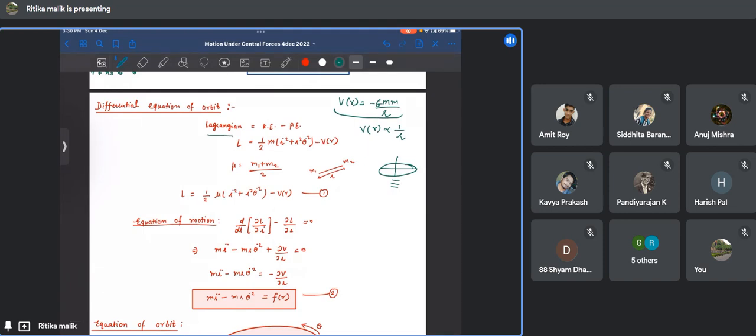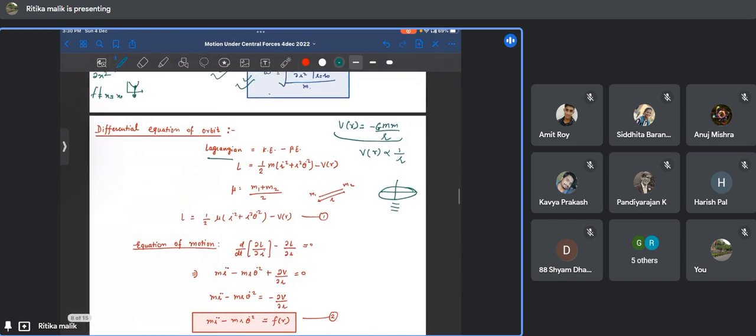So if you want the equation of motion for the particle when it is in a central force, you can write the Lagrangian. I don't know how many of you are familiar with this Lagrangian thing. We will cover that in the next lecture. But if you have a central force and you want to write the Lagrangian of something, you can just write kinetic energy minus potential energy.